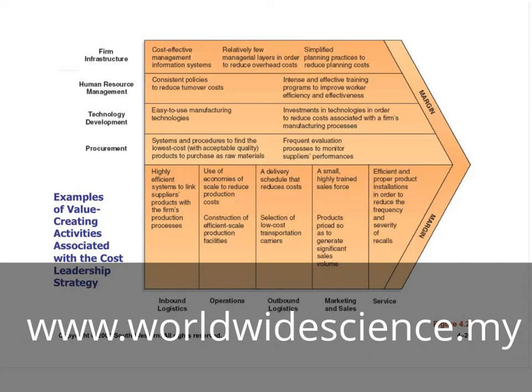Even when it comes to logistics or operations or marketing and service, there is every single aspect of the value chain in your company. So it's really important to understand it, because when we talk about strategies, a lot of times you only have to focus on one of them or a mixture of them, and then you'll be able to make changes or improvements or understand certain aspects of your business strategy.